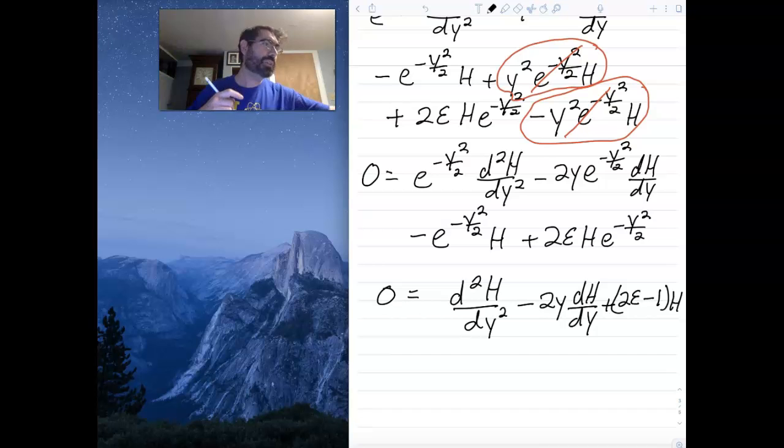So now we have a new polynomial, which is only in terms of the h function. So we got rid of the exponential part of it. And now we're left with this new polynomial.